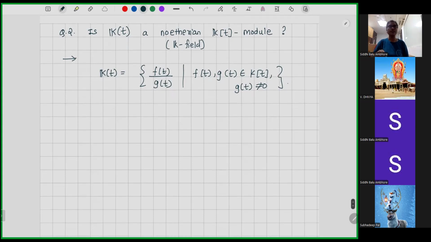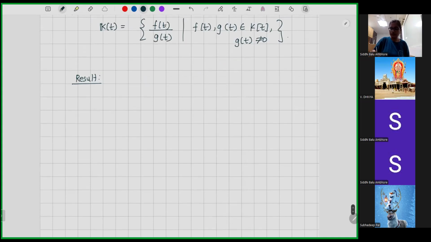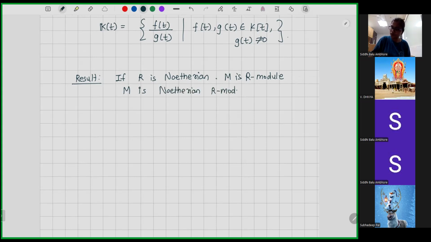So any guesses? So we have this result that if R is Noetherian, and M is an R module, then M is a Noetherian R module if and only if M is finitely generated as an R module.